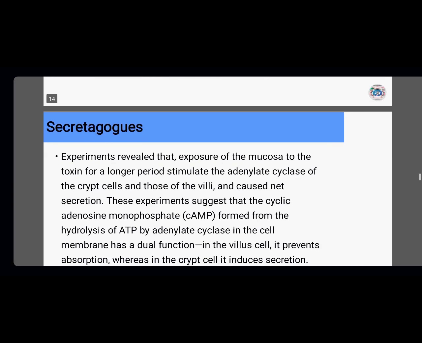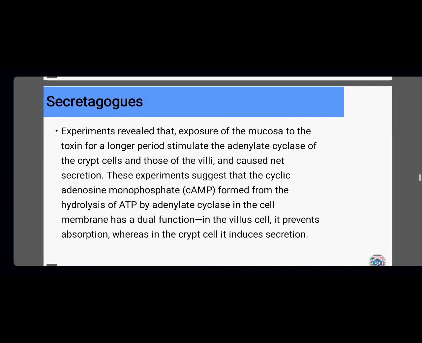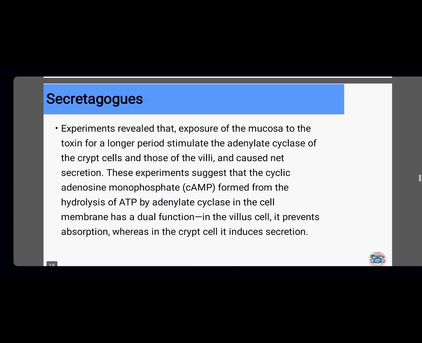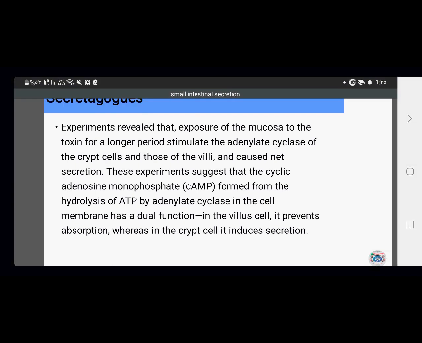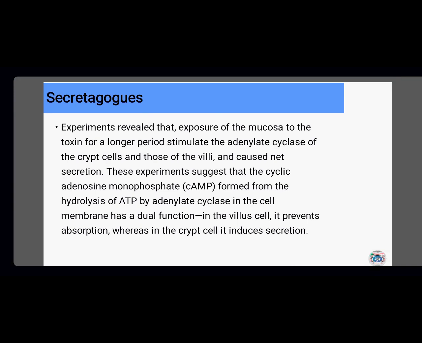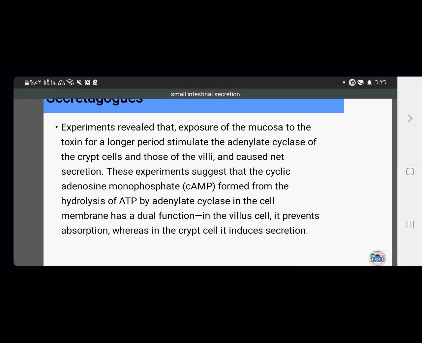Slide 15. Experiments reveal that exposure of the mucosa to the toxin for longer periods stimulates the adenylate cyclase of the crypt cells and those of the villi. As you know, adenylate cyclase increases cyclic AMP, because it's responsible for the conversion of ATP to cyclic AMP.